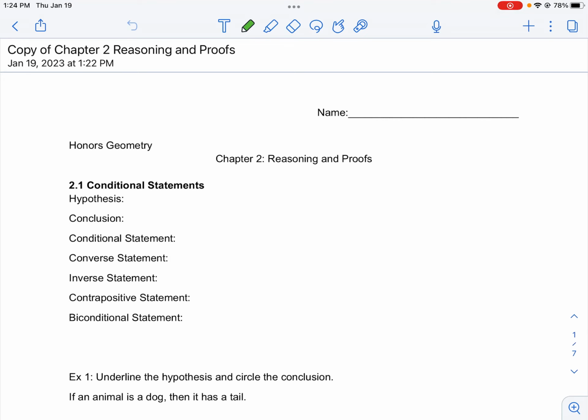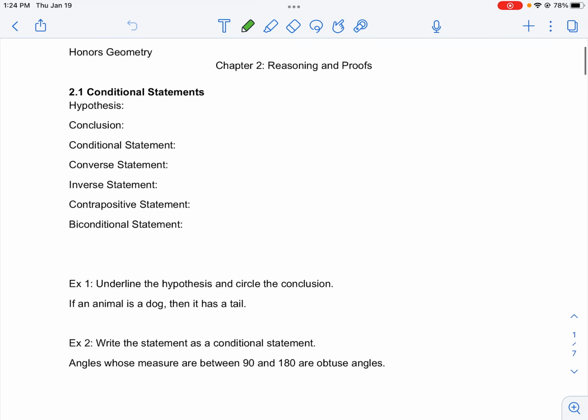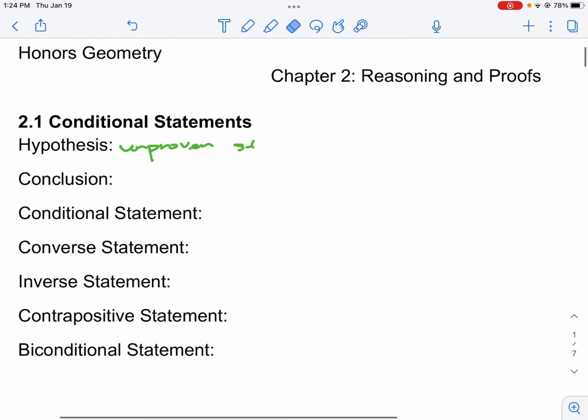So anyway, 2.1 is conditional statements. A hypothesis in mathematics is an unproven statement.